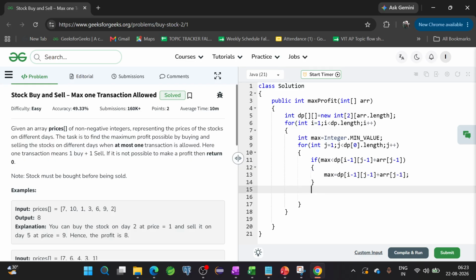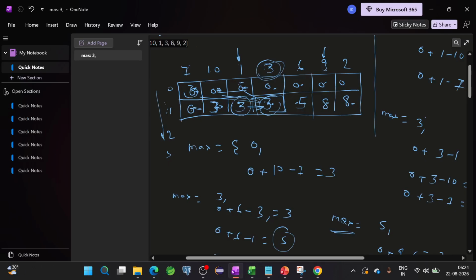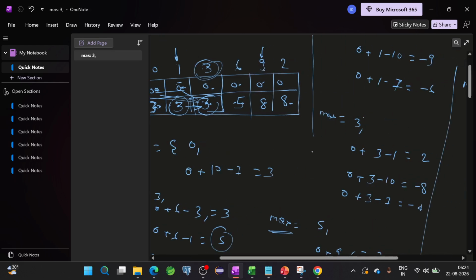Then fill here dp of i and j equal to Math dot max of dp of i, j minus 1, and max plus array of j. Here we have found the maximum of here plus this value, because it is constant.